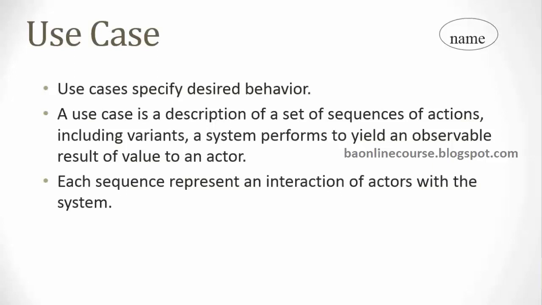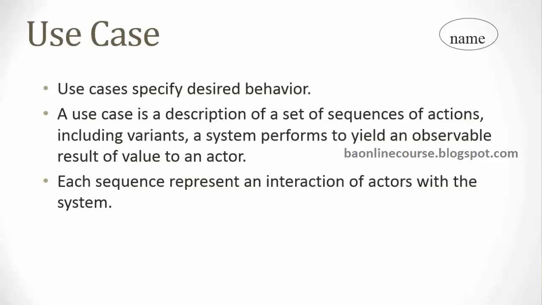For example, you can't combine checking account balance and transfer of funds. Both are unrelated features, unrelated behaviors, right? Why do you want to have one use case with these two features? So create separate use cases.